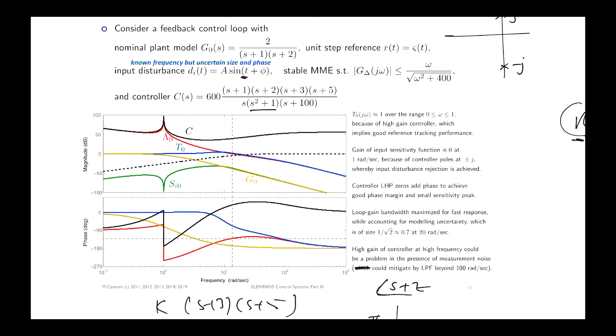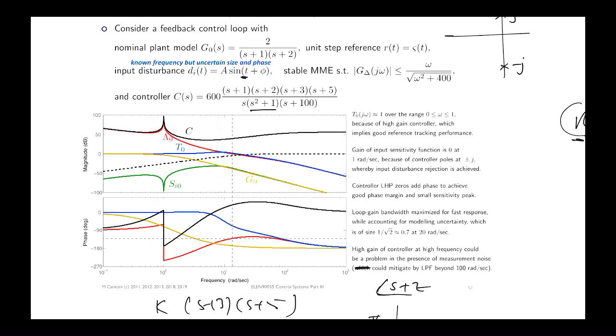Okay, so I haven't explained what these zeros are doing, right? I've explained what all of the poles are doing. I've explained what these zeros are doing. What are these zeros doing? Well, these zeros are there to make sure that we have a reasonable phase margin at the crossover frequency. Okay, so this is limiting the crossover frequency.